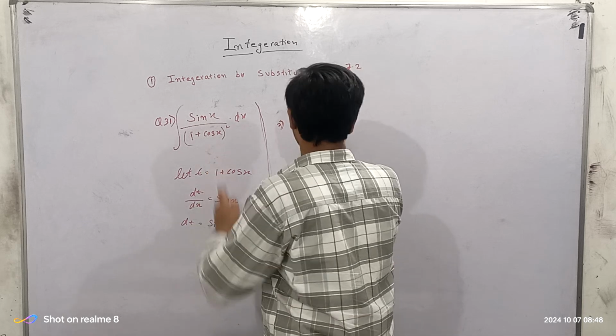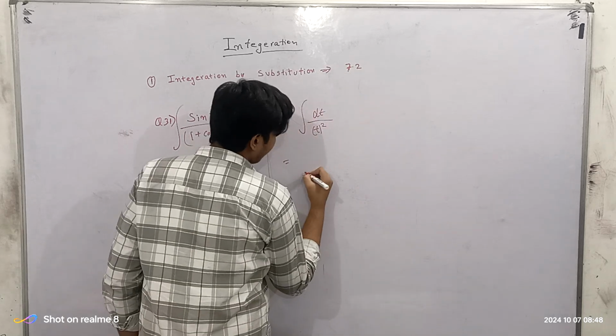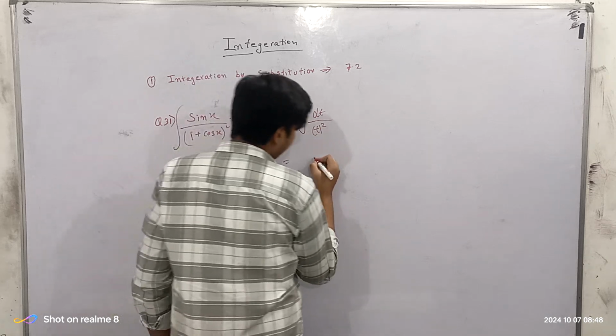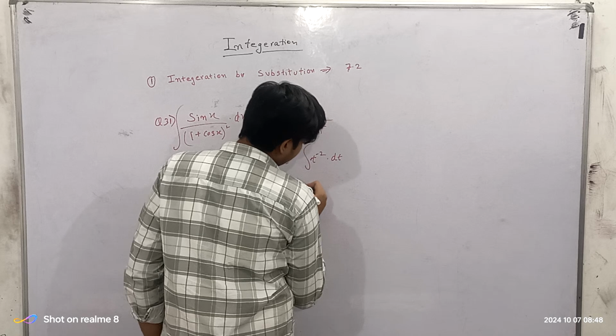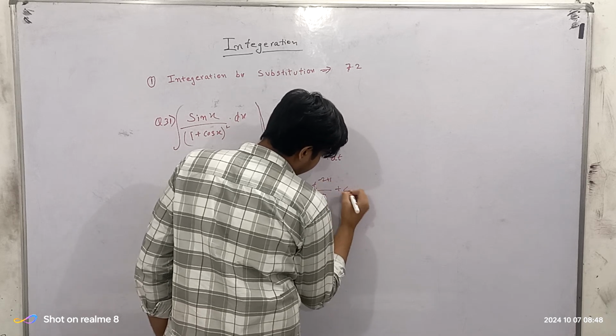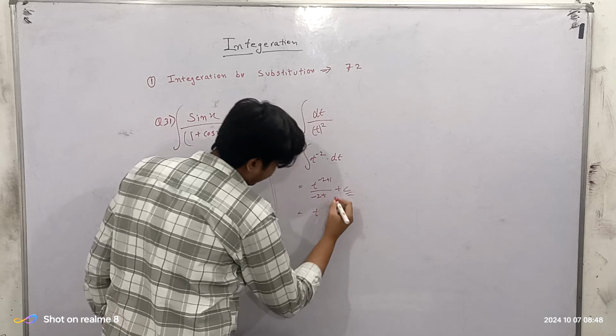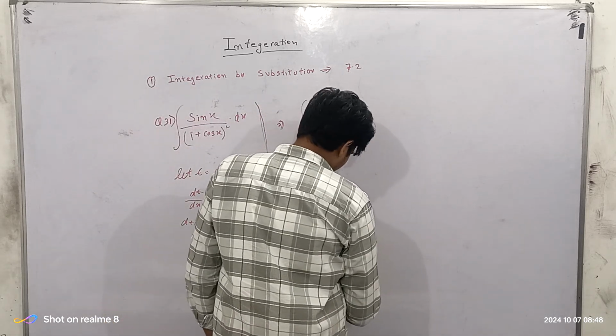We have taken t square, so now we can write 1 by t square, that is, t to the power minus 2 into dt. We can write it like this: t to the power minus 2 plus 1 by minus 2 plus 1 plus c, which is t to the power minus 1 by minus 1.